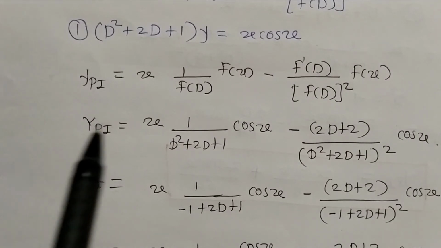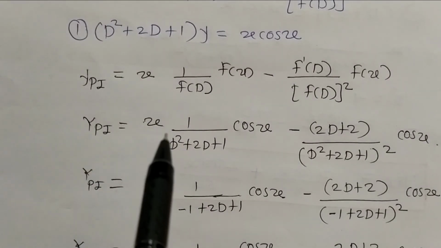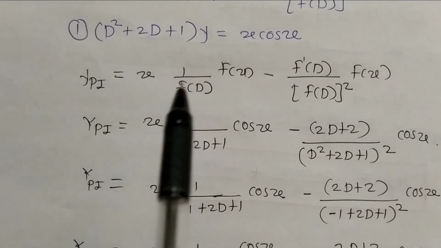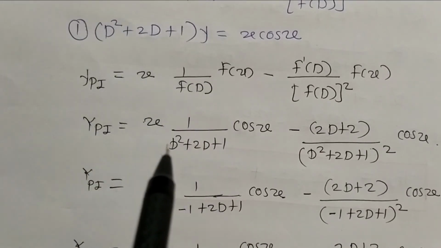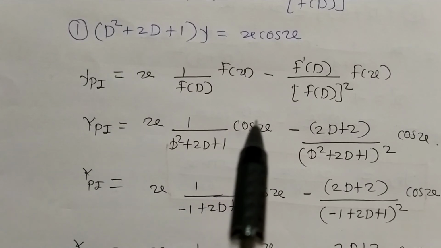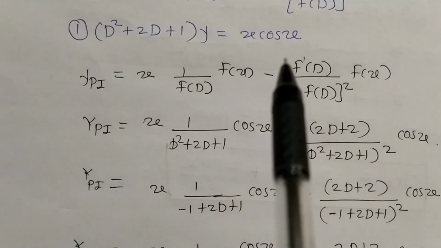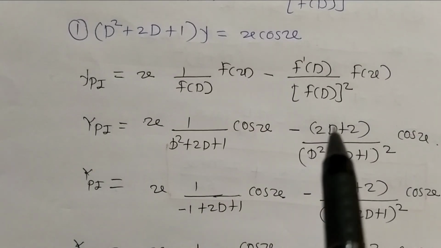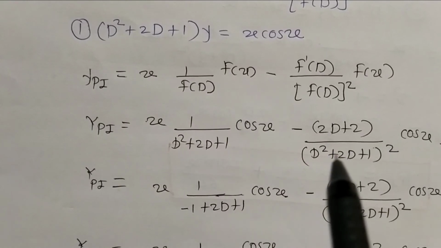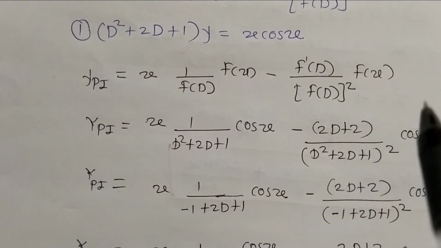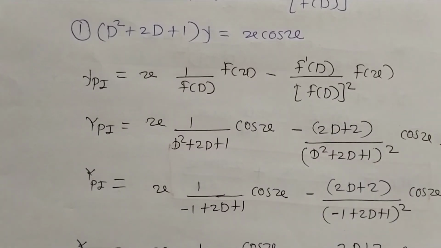So y particular is equal to x, 1 upon f of d, and f of d is d square plus 2d plus 1, cos x, minus f dash of d, which is 2d plus 2, upon f of d whole square, that is d square plus 2d plus 1 whole square, cos x.